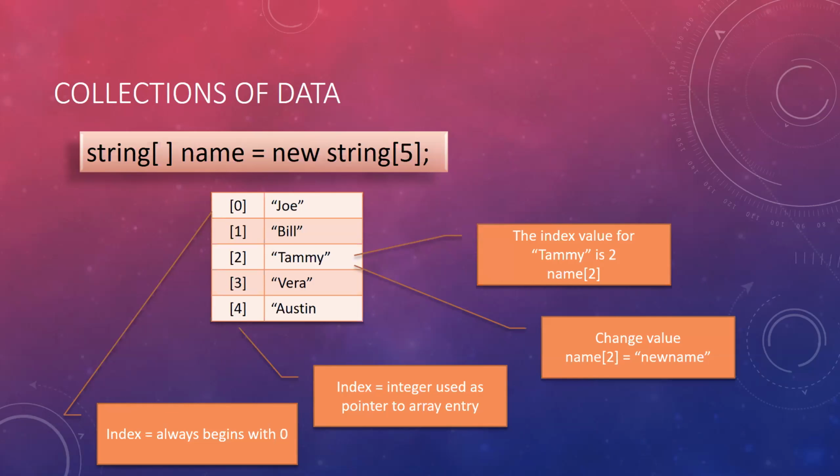If I wanted to change Tammy's name, or the name at index location 2, to a new name, I could use a line of code like this. I want to use the array named name, and at index location 2, I want to set that value equal to this value new name, and that would update that value in the array.